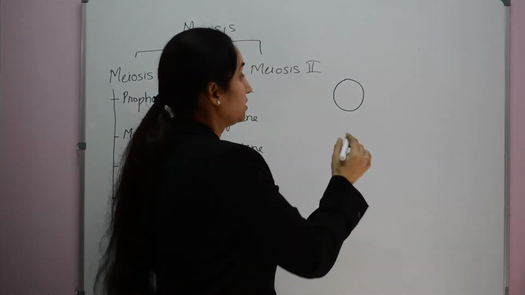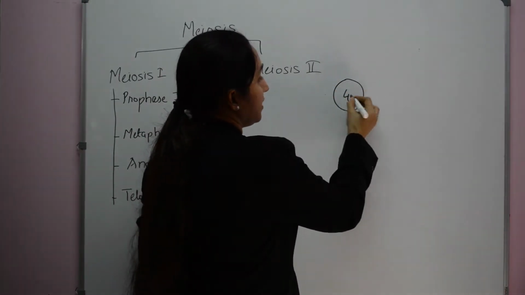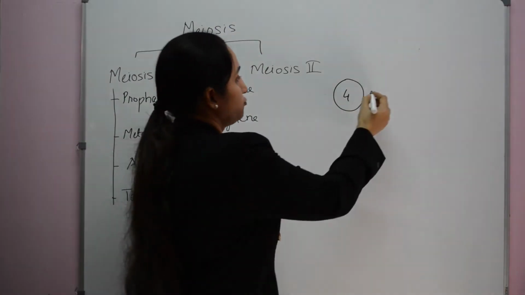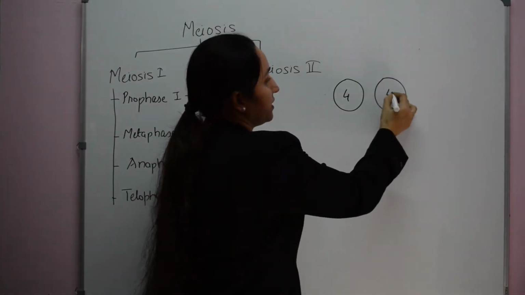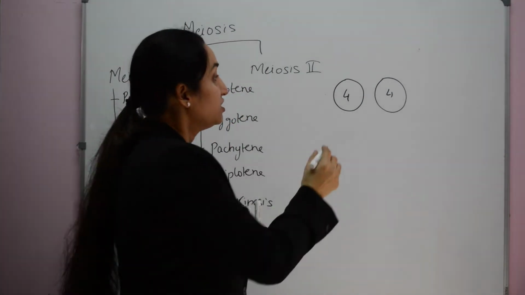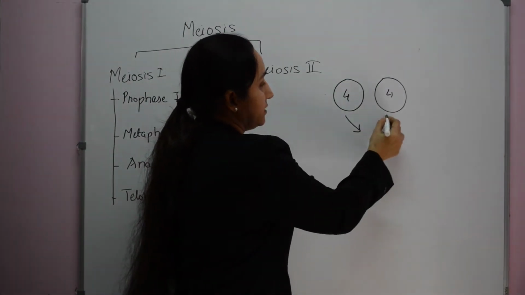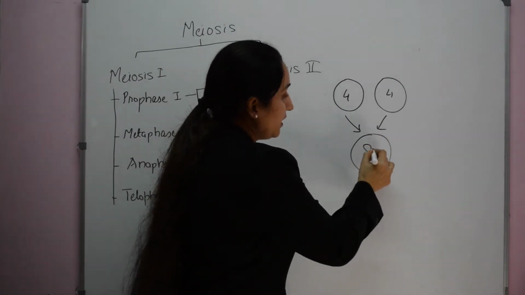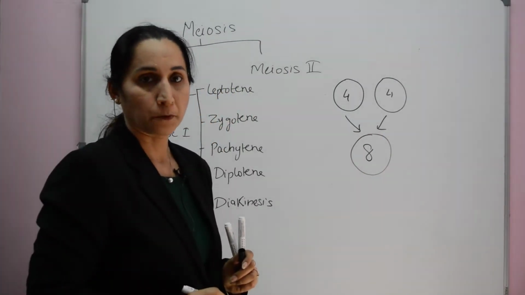Let us suppose this is a gamete having 4 chromosomes, and this is another gamete having 4 chromosomes. When these 2 gametes unite, there will be 8 chromosomes.